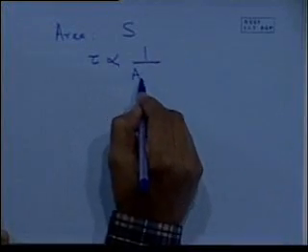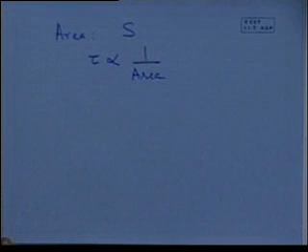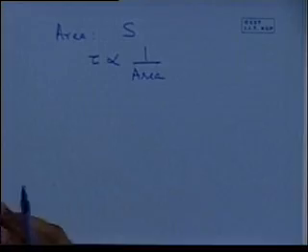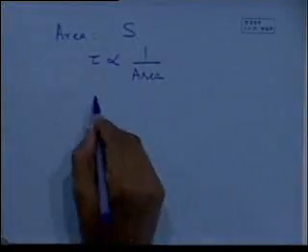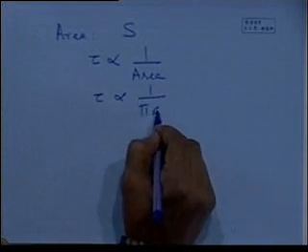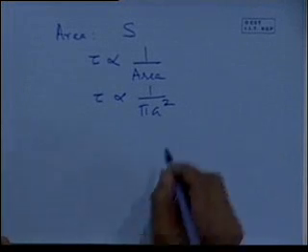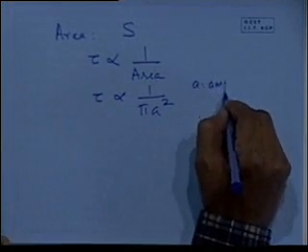As the area of the scattering increases, the chances that the electron will get scattered are more frequent, and therefore the scattering time, the mean free time, is inversely proportional to the area, right? So tau is proportional to 1 by area, which we can write as tau proportional to 1 by pi a squared, which is the area of my scattering center. And a is simply the amplitude of vibration.